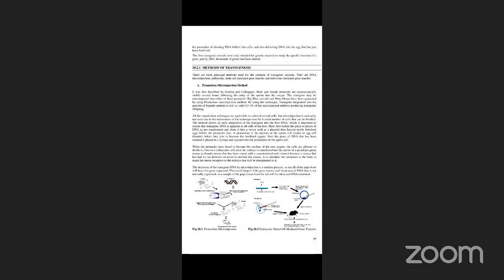The transgene may be injected into either of the pronuclei. Here they have introduced it in the male pronucleus, or you can also introduce it in the female pronucleus. Then here is the transgene integration into the genome of the founder animal.